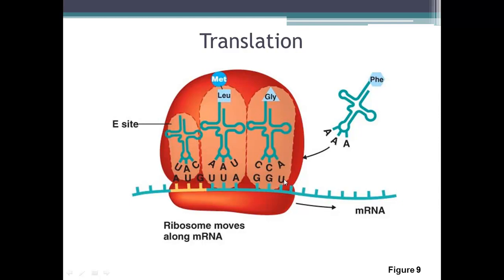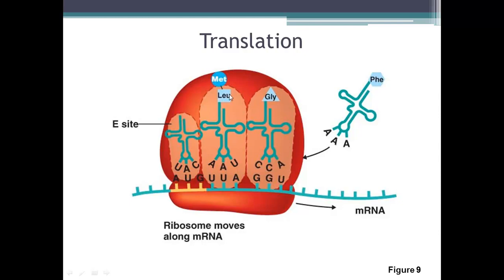So now GGU, the anticodon of course is CCA, and that codes for glycine. Now notice, methionine and leucine are holding hands with one another because they formed a peptide bond. So what do you think is going to happen now? You are correct.